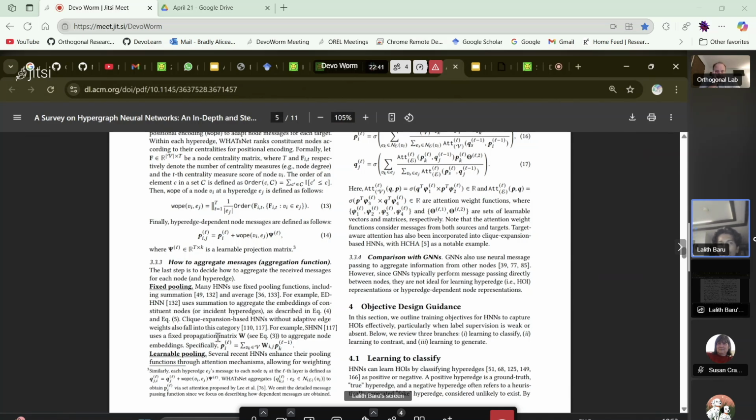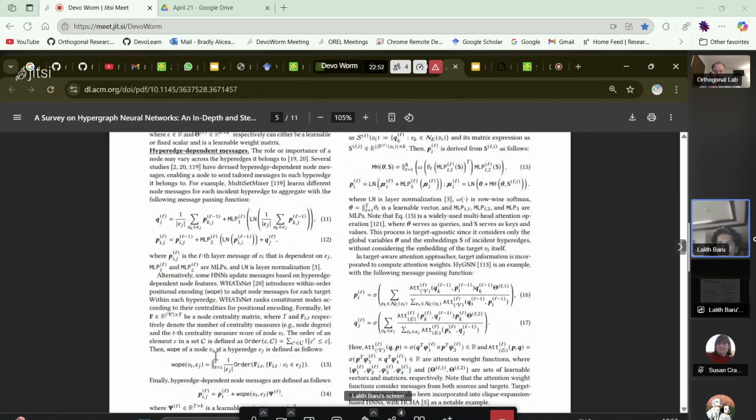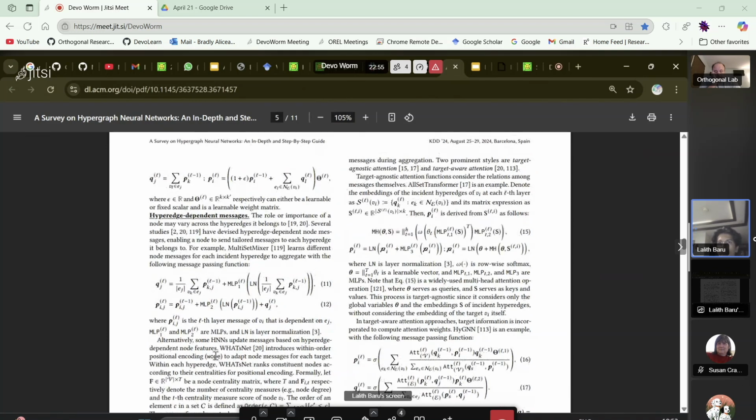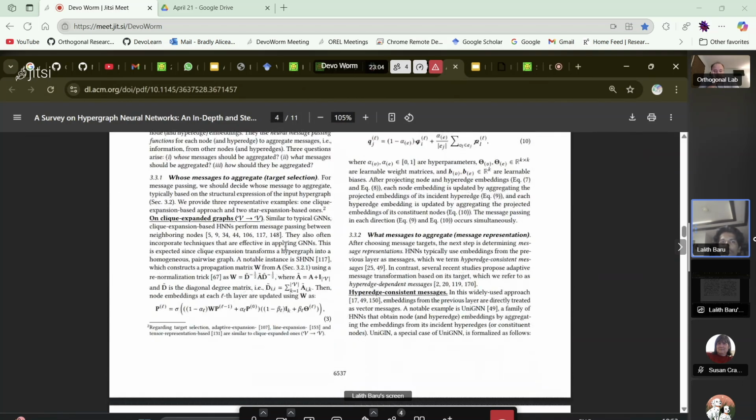In learnable pooling, there are several other mechanisms in several hypergraph works. They use pooling functions and attention mechanisms and do a weighting strategy for the aggregation. These are more of target agnostic attention. What we mean by target aware is, as we designate a certain set of targets in this space, we are focusing only on these specific hyperedges or these specific hypernodes.